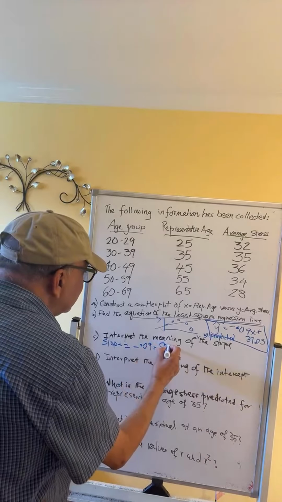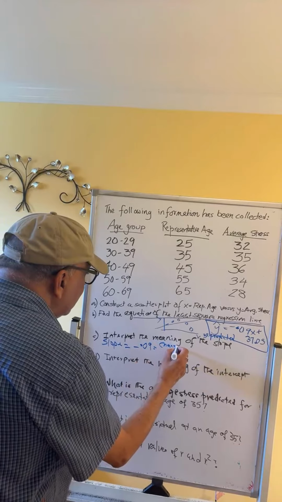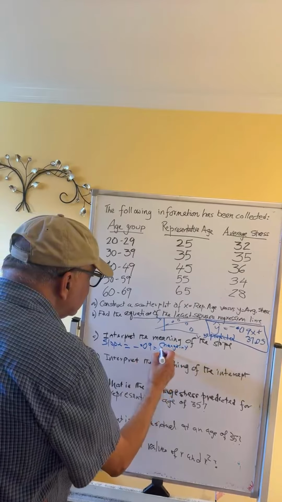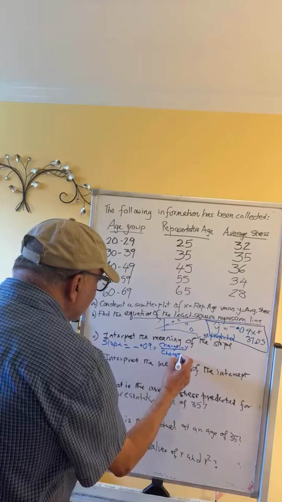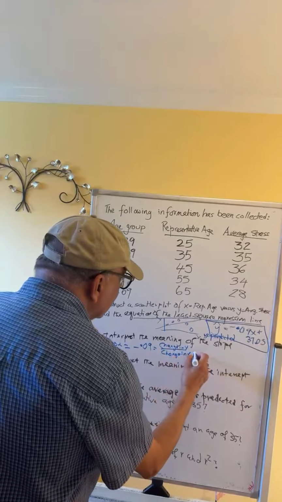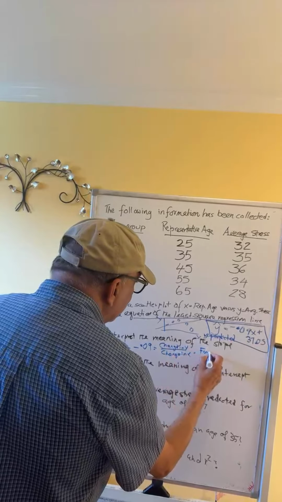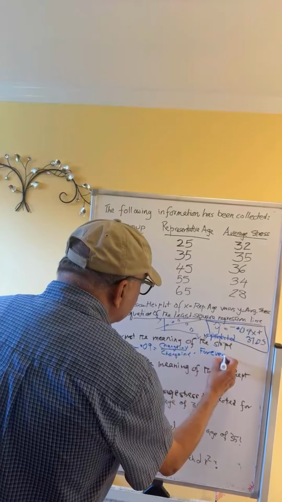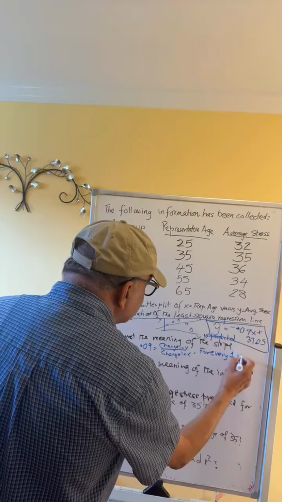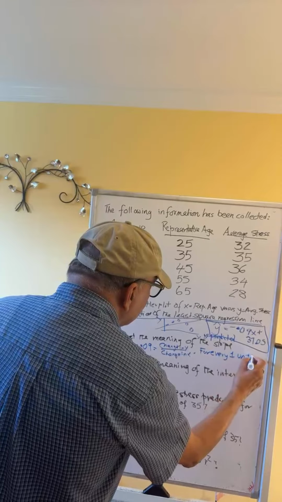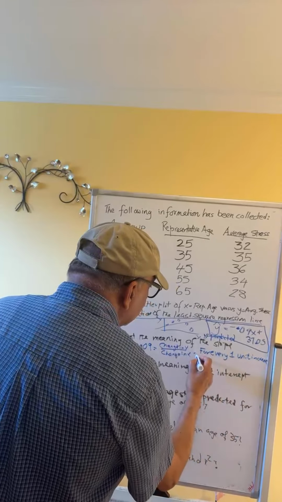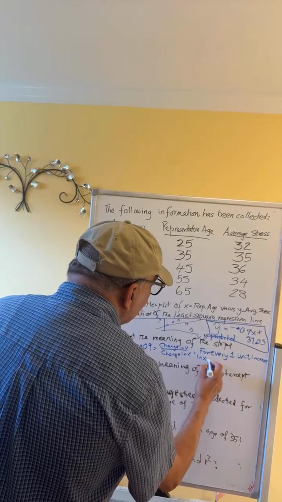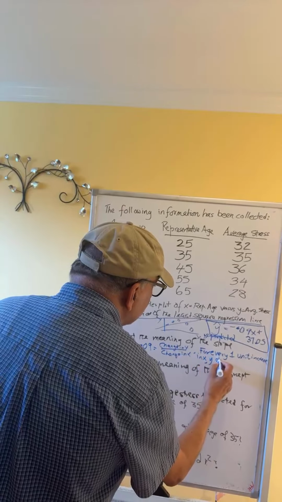It is change in y divided by change in x. Or in other words, for every 1 unit increase in x, y decreases.